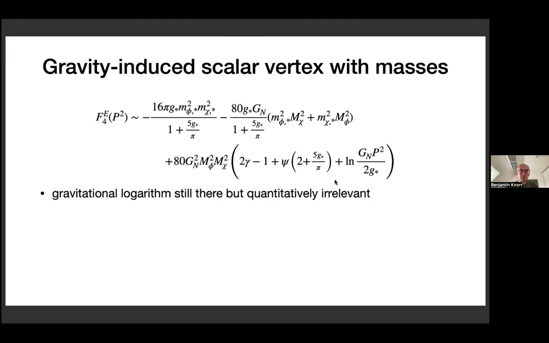But now there's also other terms, right? So there are terms in the first line where you have in the very first term only fixed point values. So this is order 1. Then you have a second term which is roughly gn times m squared. So this is one Planck mass suppression by 1 over m squared. And then the term with the logarithm and some other constants, which is yet again suppressed. So it's mass to the 4 over Planck mass to the 4.